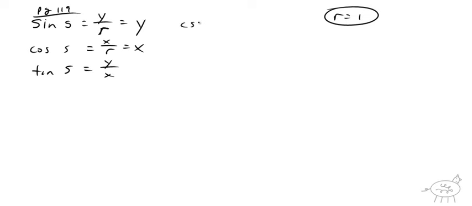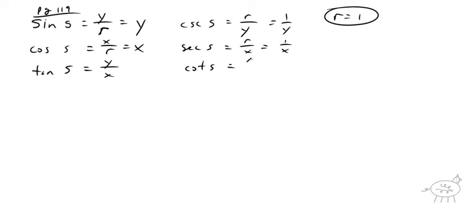And then, of course, you have your reciprocal functions. Cosecant of S is r over y, which is just 1 over y. Secant of S equals r over x, which is equal to 1 over x. And of course, cotangent of S is the equal distant cousin, x over y, which doesn't change. Okay?